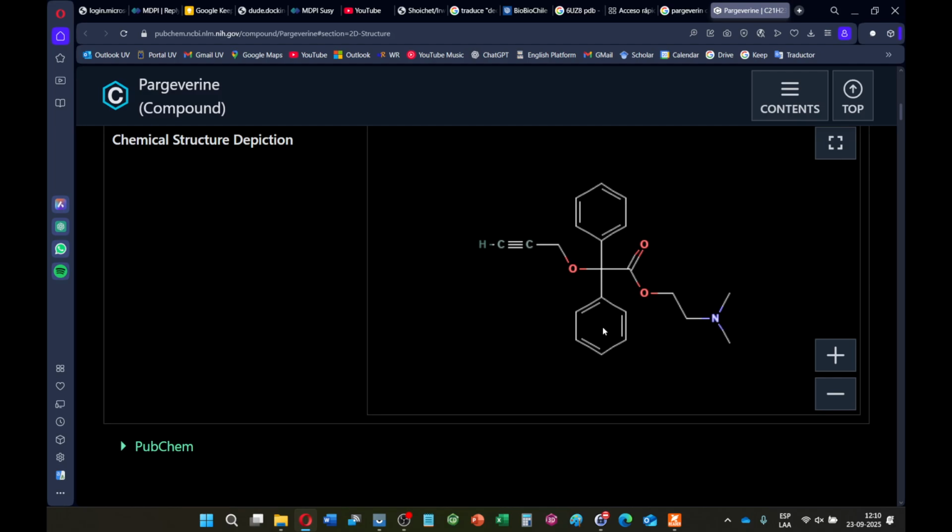And here is the strategy: an aromatic ring, so that this is antagonistic instead of agonistic. There's the famous Pargiferina that you ingest when you consume the Viadeal, and the rest is an ether. This is nothing more than a lipophilic chain connected to it, a short chain, and of course there is a triple bond.